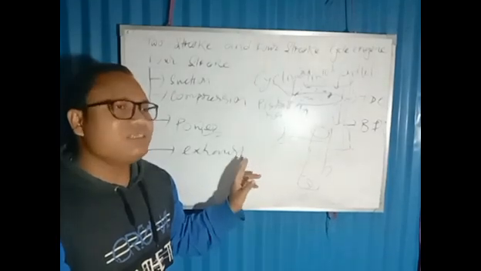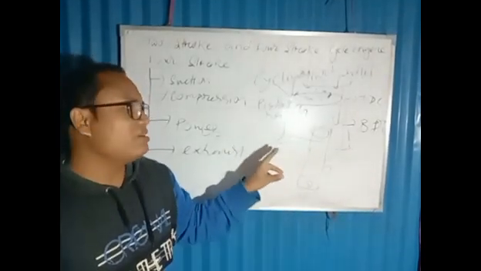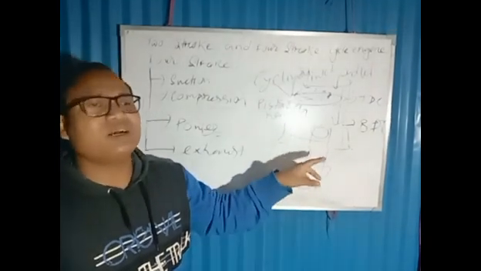The SI engine uses a spark plug, and the CI engine, the compression ignition engine, uses a fuel injector.